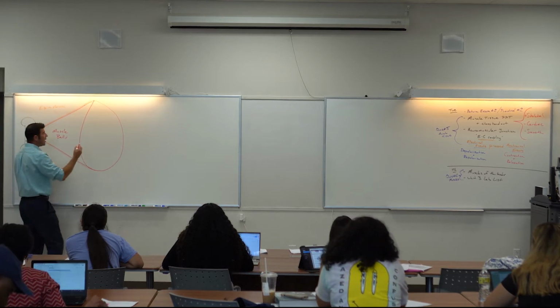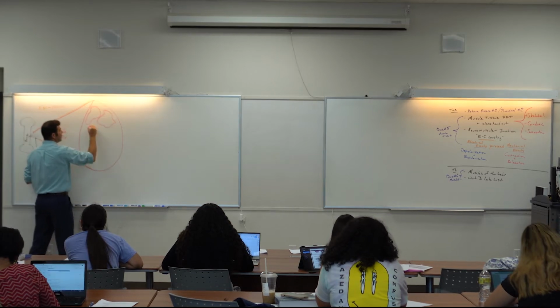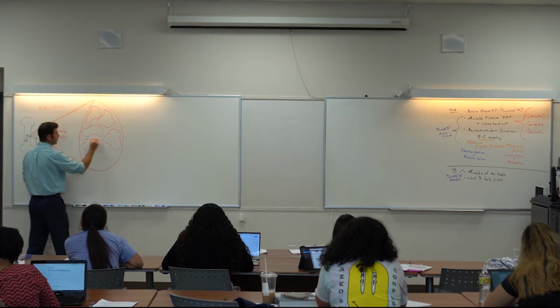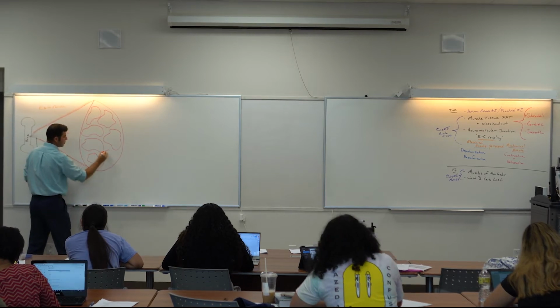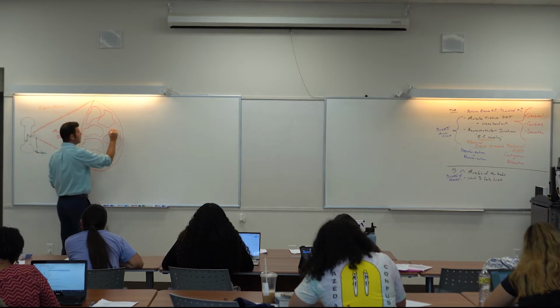If we look inside a muscle belly, what we would see are these irregular shapes. Let's pull one of these out.